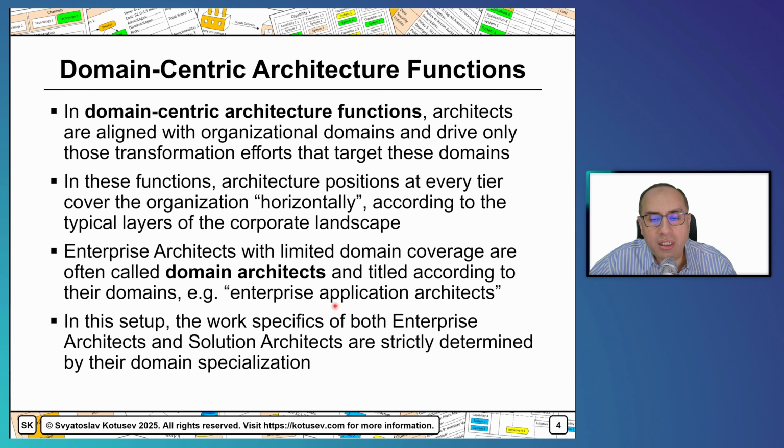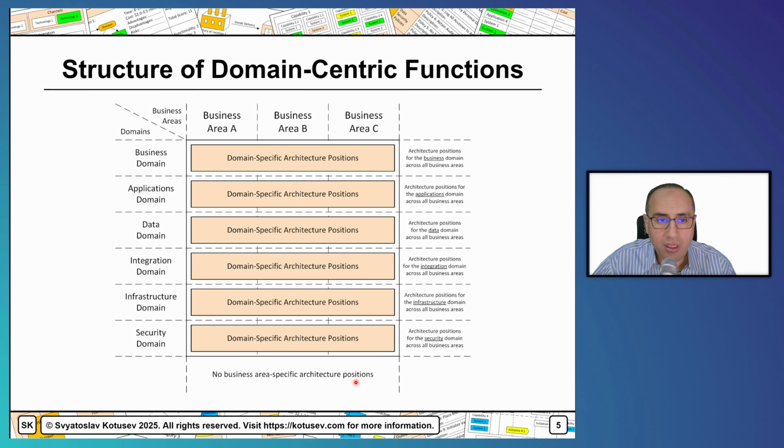So here, you have an enterprise architect specialized in the application domain. In this setup, the work specifics of both the enterprise architect and the solution architect are strictly determined by their domain specialization. Here, as an example, the specialization is about the IT domains: the business domain, application domain, data domain, integration domain, infrastructure domain, and the security domain.